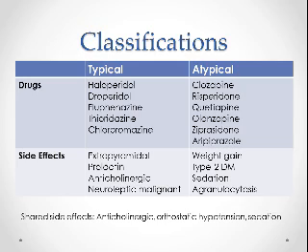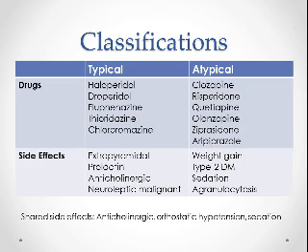So the typicals, the first ones, include haloperidol, chlorpromazine, which is Thorazine, and fluphenazine. Those are kind of the big ones that you hear about. The main side effects are the extrapyramidal side effects, which we'll talk more about, the hyperprolactinemia and anticholinergic effects, and neuroleptic malignant syndrome.